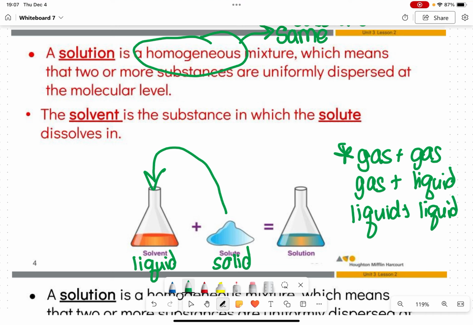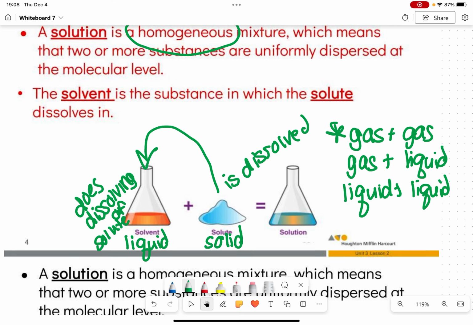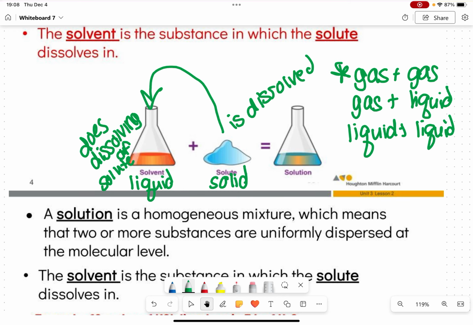But what you want to pay attention to is that the solvent does the dissolving and the solute is dissolved. I would definitely copy this picture down into your notes as well, so you can visually see what makes up a solution.